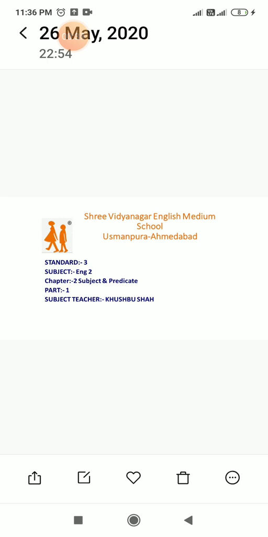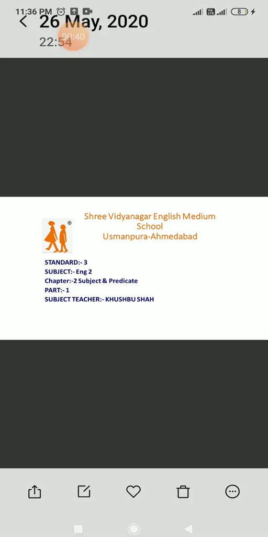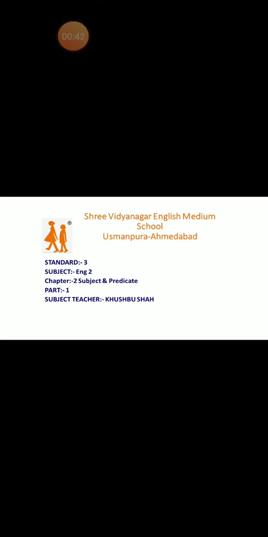In every sentence, we mention a person, place, or a thing. Whenever you write a sentence or you read a sentence, you read or write about a person, place, or a thing. And then we say something about the person, place, or thing.